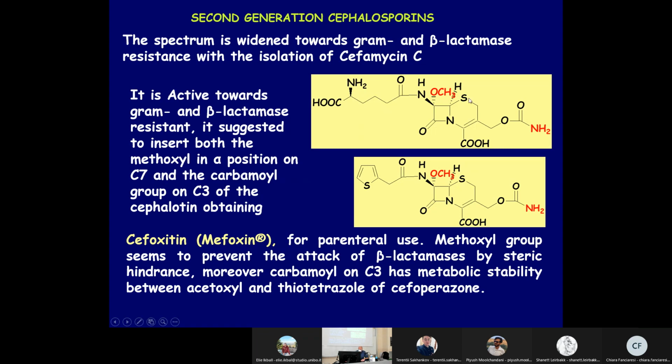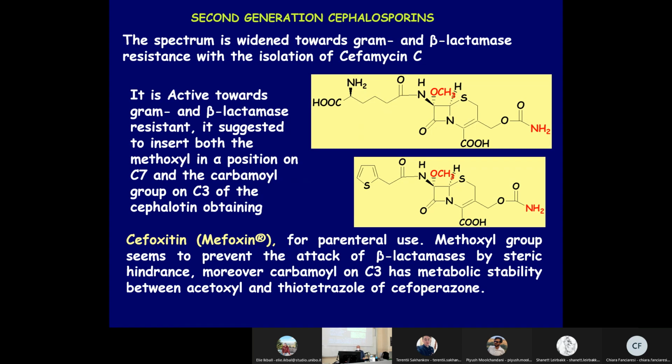You see in red two important modifications found on this natural compound. First of all, this methoxy group under the plane, you see. This methoxy group is a bulky group with a wide electron cloud, which can defend the beta-lactam from the attack of beta-lactamases.